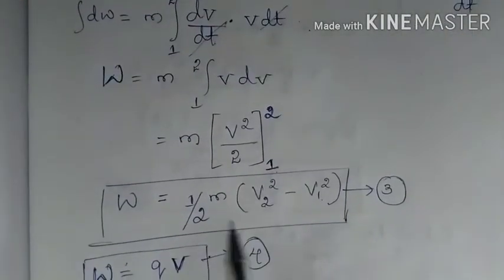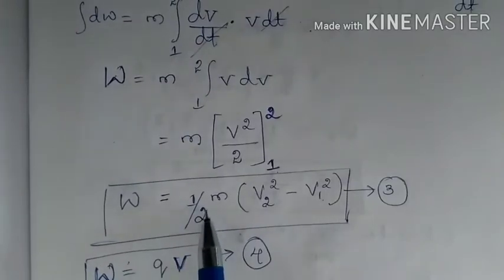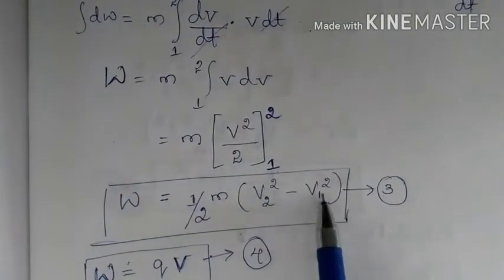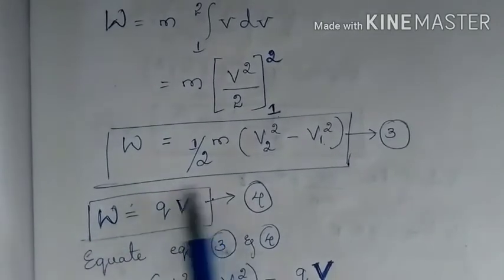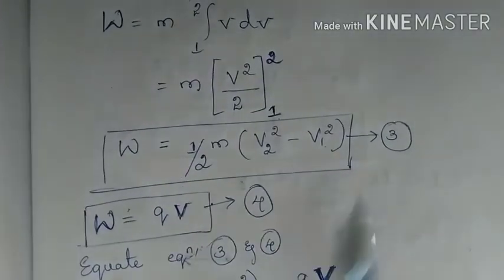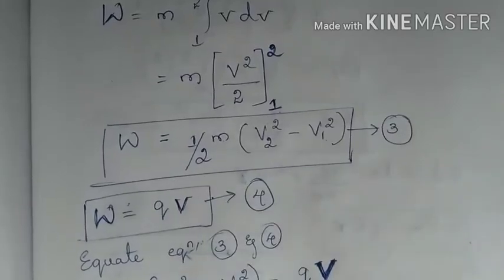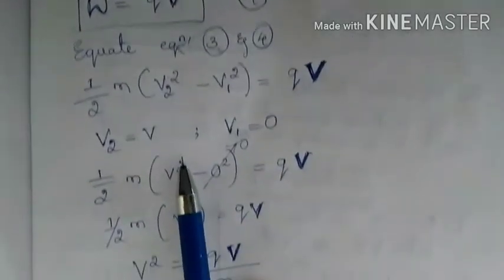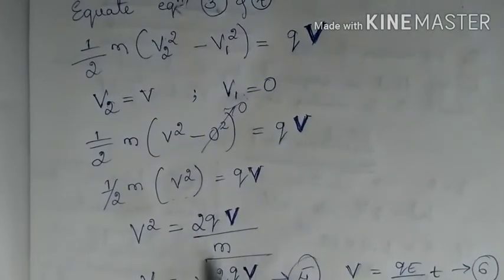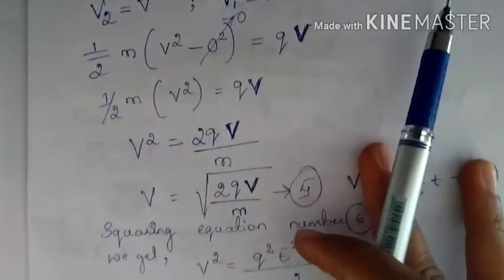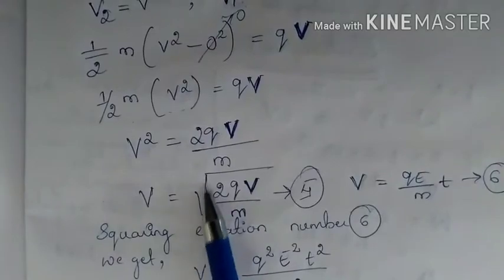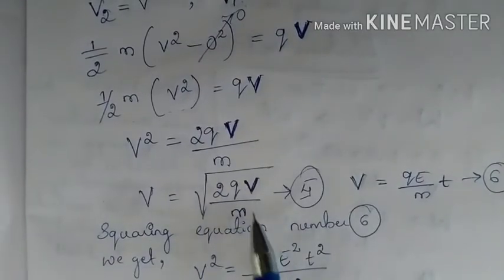After integration you get work done as half m (v2^2 - v1^2). We also know that W = QV. So if you equate these two equations, then you get v^2 as 2QV by m. So from this we can write v = root over 2QV by m.